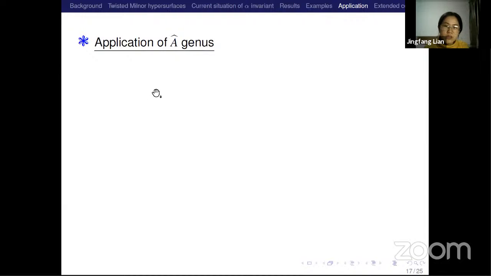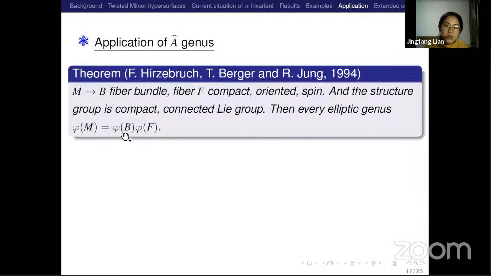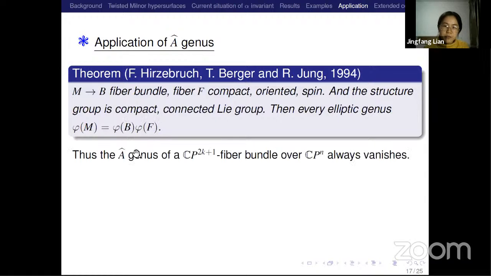Another application of the A genus I want to mention is from Hirzebruch, Berger, and Jung in 1994. This theorem describes a fiber bundle where the fiber is compact oriented spin, and the structure group is a compact connected Lie group. Then every elliptic genus can be expressed by the elliptic genus of its base space and fiber space.